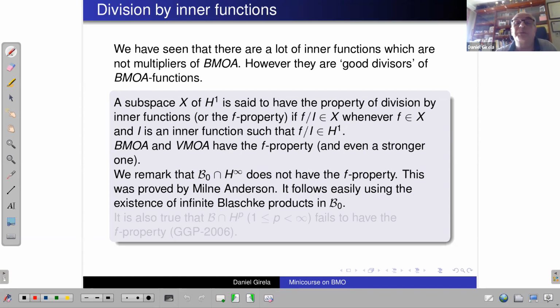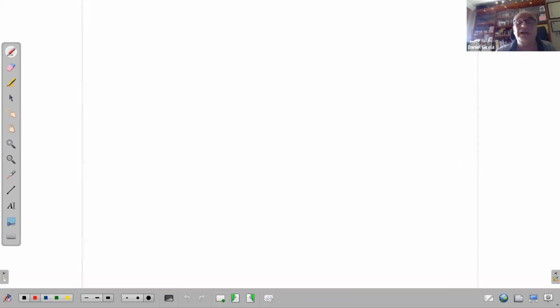So if we want to speak about the property of division by inner functions, we have to consider the intersection with something. Let's take the intersection of B naught with H infinity. This does not have the F property, which is an easy consequence of this result by Sarason.